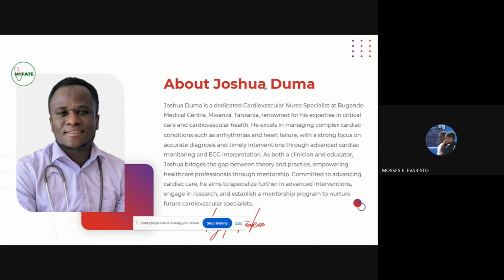As both a clinician caring for cardiac-related conditions and an educator, Joshua bridges the gap between theory and practice, empowering healthcare professionals through mentorship. Committed to advancing cardiac care, he aims to specialize further in advanced interventions, engage in research, and establish a mentorship program to nurture future cardiovascular specialists.